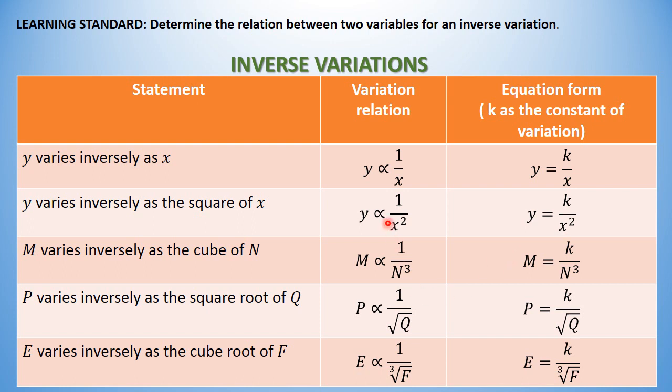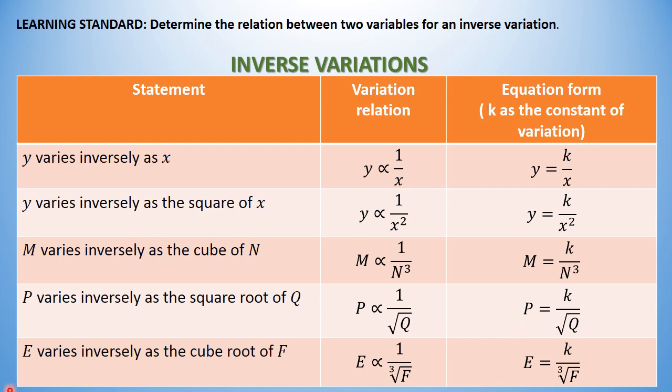So you have to compare the differences between variation relation and equation form. Number 4 is also the same. P varies inversely as the square root of Q. In variation relation, you write P varies as 1 over the square root of Q. After you change to equation form, it becomes P equals k over the square root of Q.